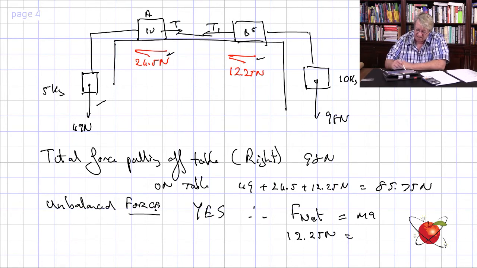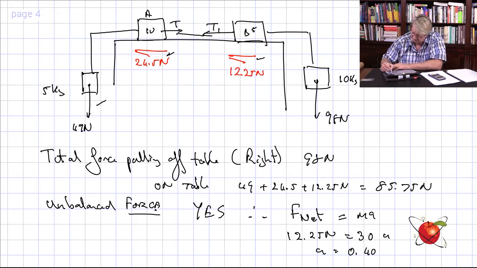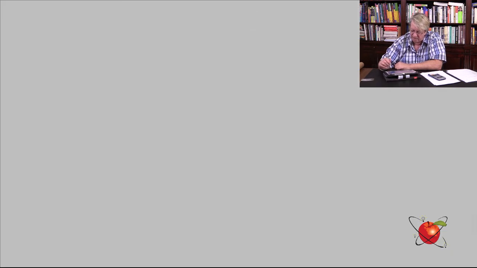So the F net applies to the whole mass, which in this case is 30 kilograms. Therefore, A is going to be 12.25 over 30, which is 0.408 meters per second squared to the right. That's critical that we give it a direction.